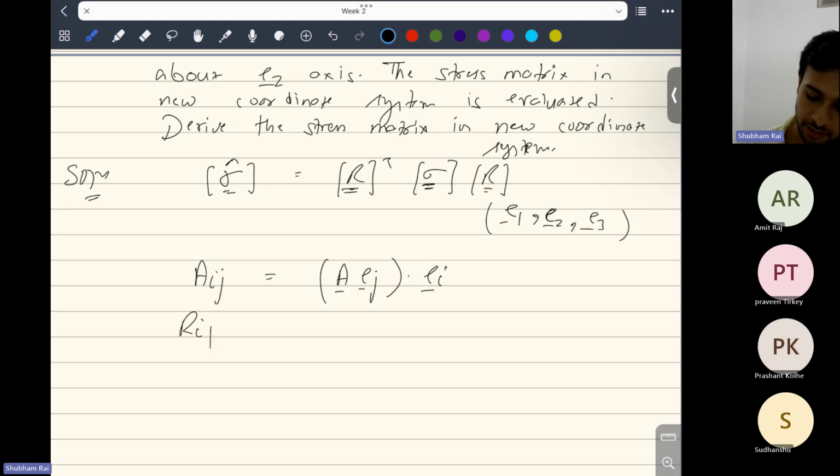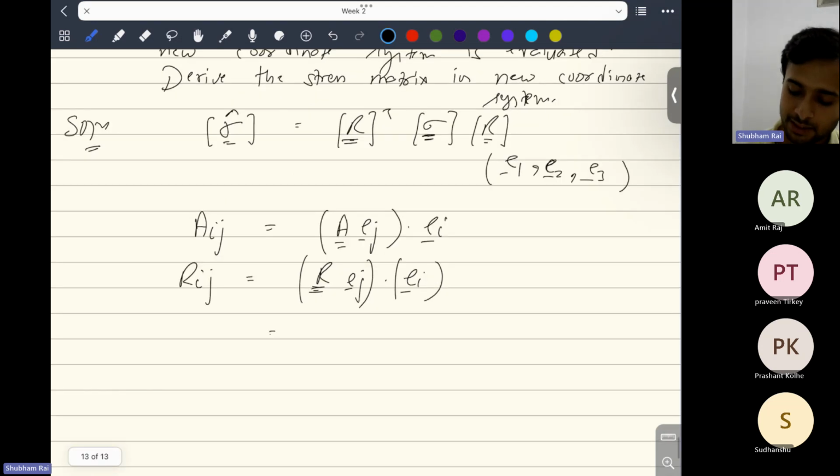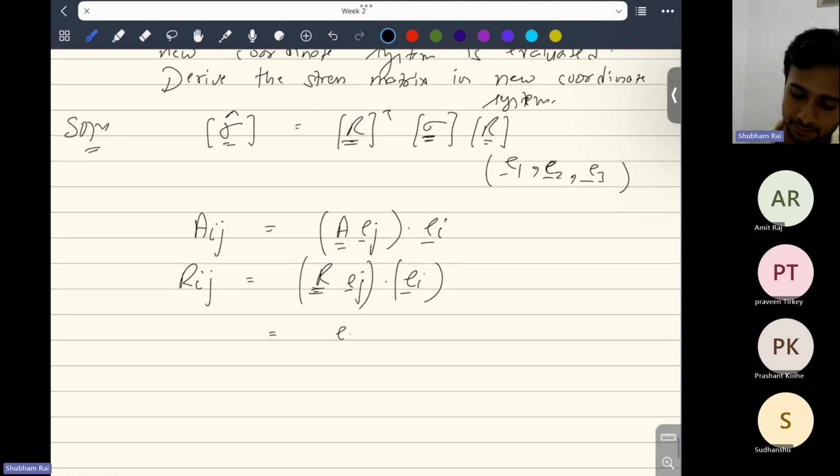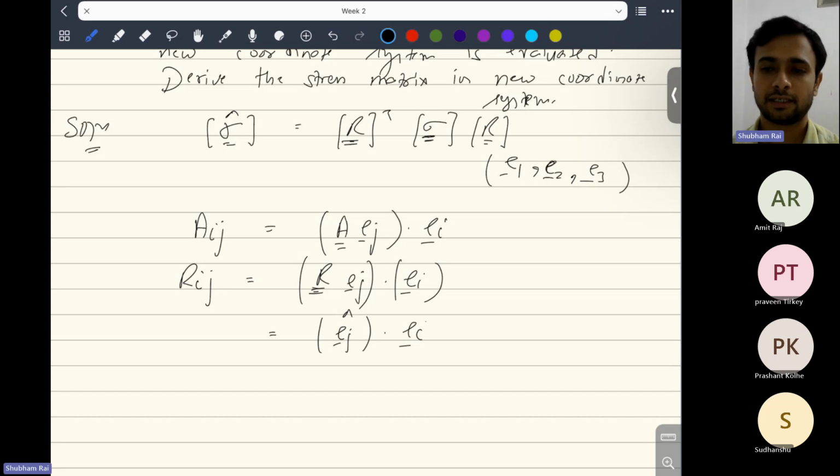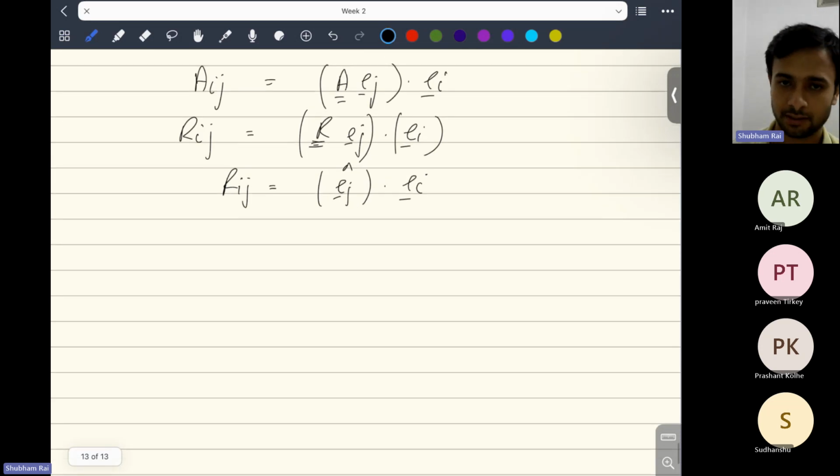So this Rij can also be written as R times Ej dot with Ei. And R Ej is nothing but Ej hat, because we have rotated Ej. So Rij is Ej hat dot Ei, right?